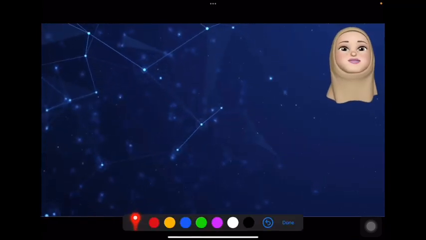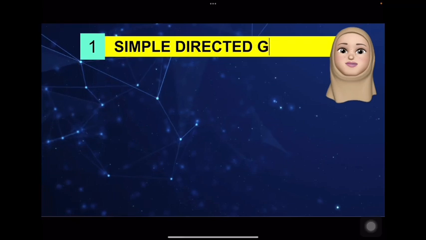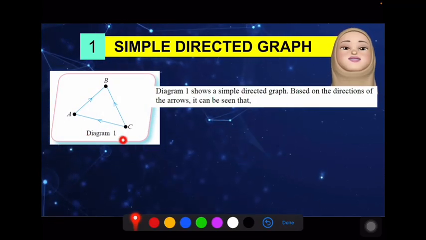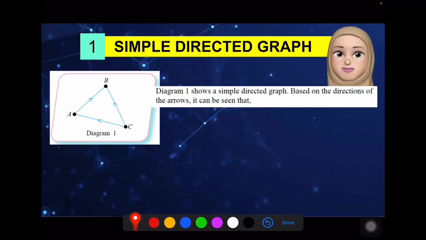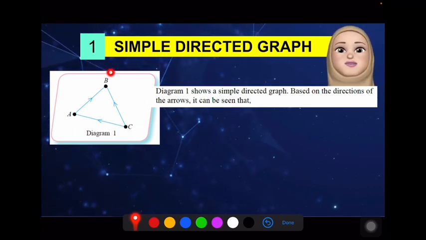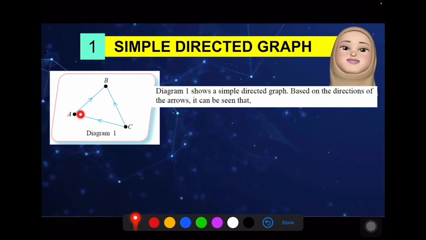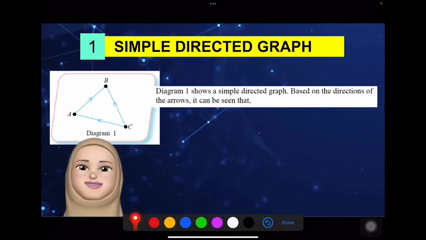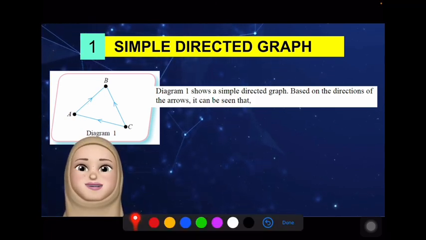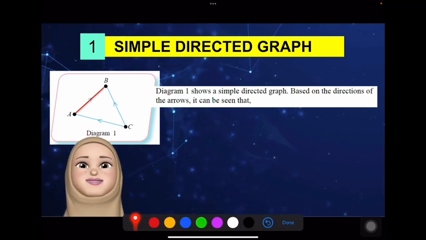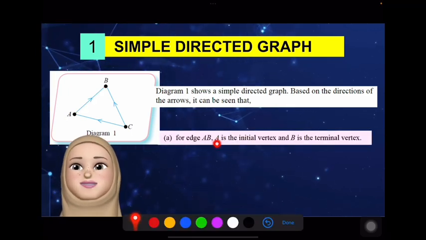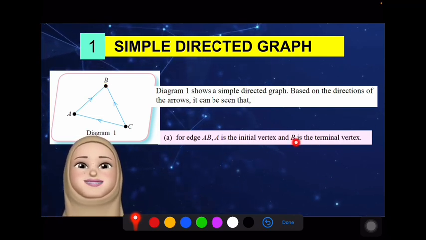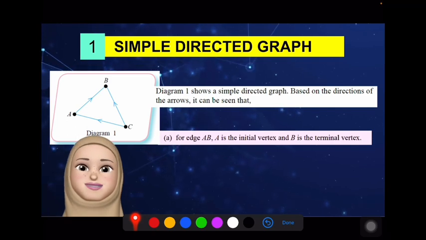Now let's take a look at a simple directed graph. As you can see in diagram 1, we have a simple directed graph. So based on the directions of the arrows, it can be seen that for edge AB, A is called the initial vertex and B is known as the terminal vertex.